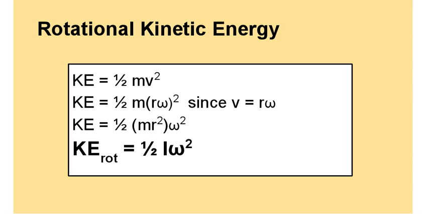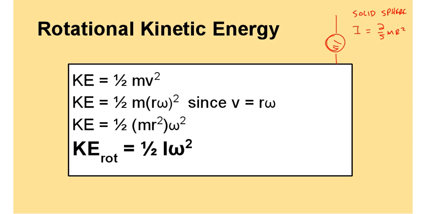For example, let's say we have a sphere that's rotating about this central axis right here, and we'll say that's a solid sphere. And since we need the moment of inertia here, we'd have to look that up on a table, and the moment of inertia would be 2/5 mr squared.